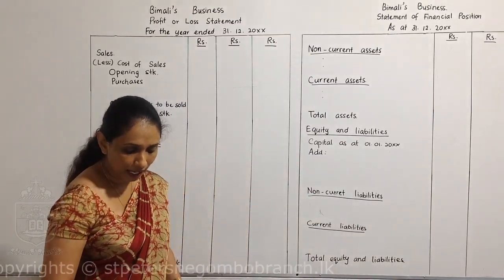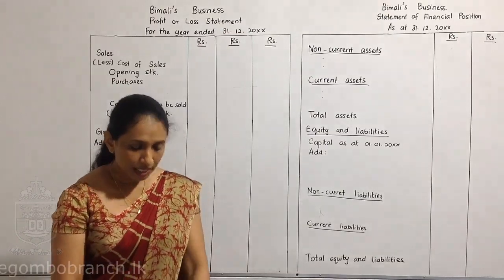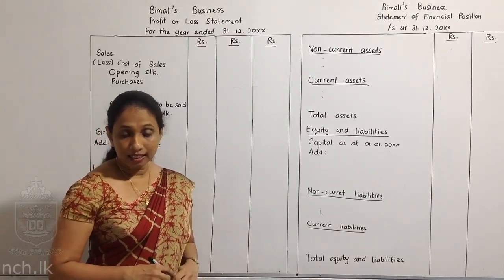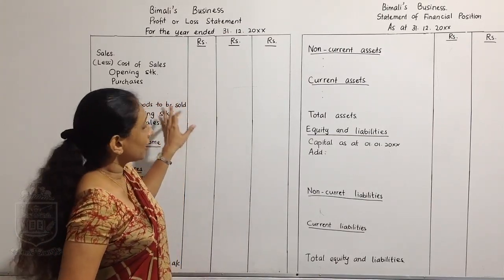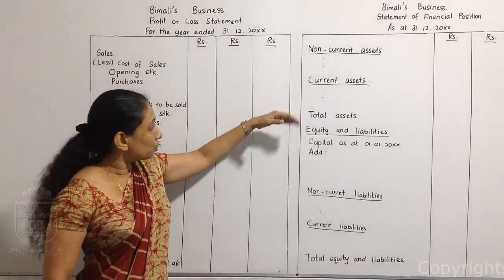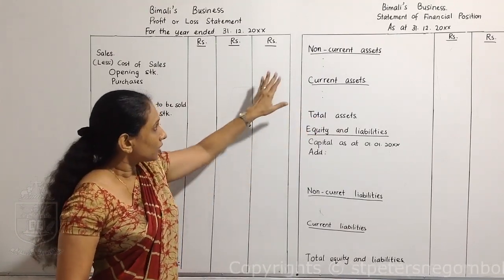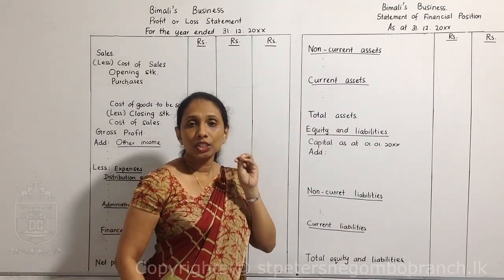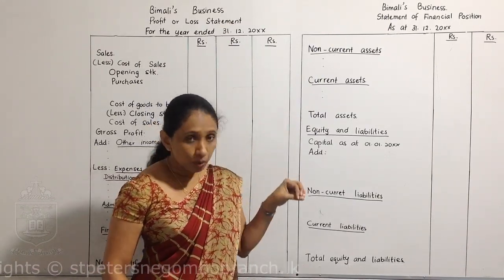So let's look at the trial balance again. The very first line item is the capital as at the beginning of the period. So check whether we have a space to put the opening capital. So here where should it go? It should go to the statement of financial position.